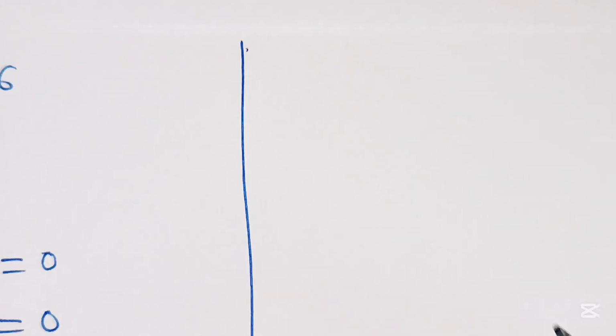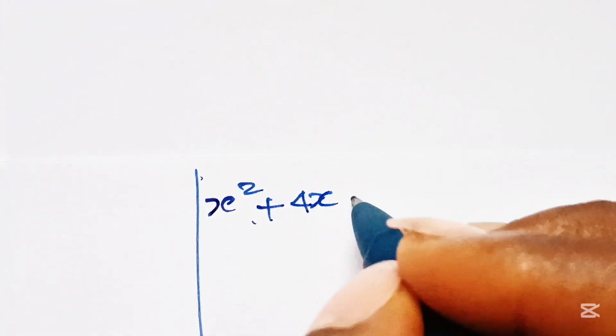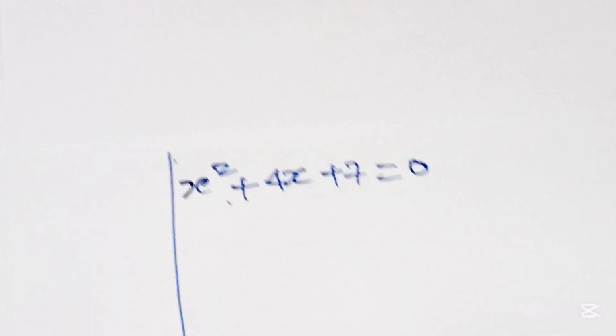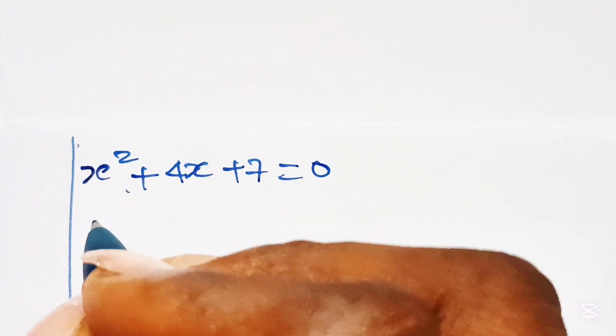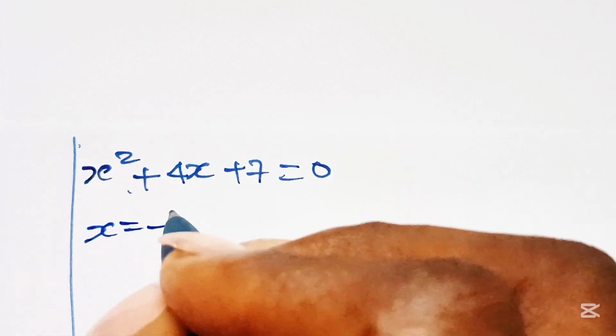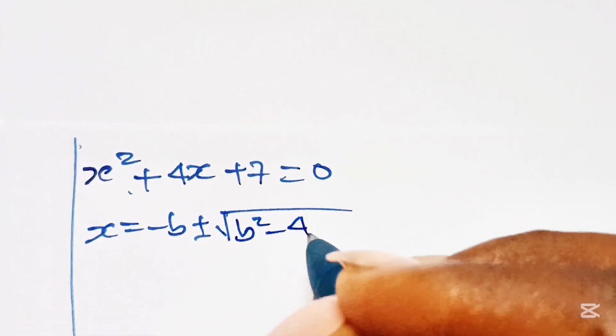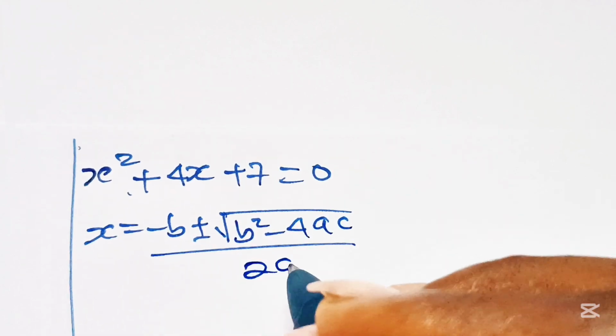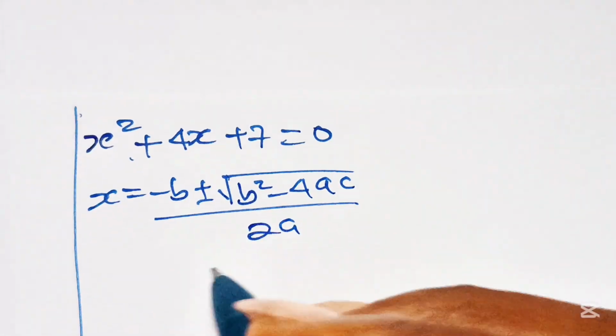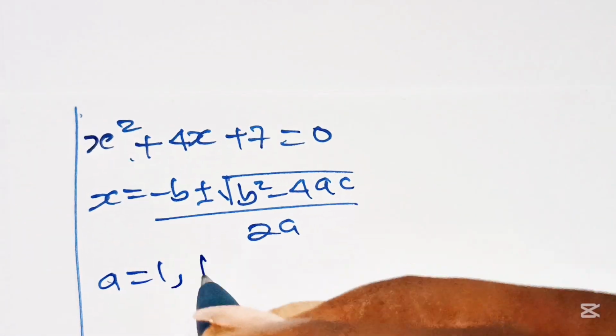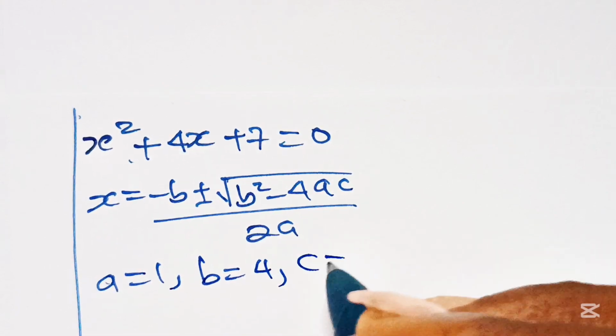So this is what we have: x squared plus 4x plus 7 is equal to 0. And we are going to substitute into x is equal to minus b plus or minus square root of b squared minus 4ac, everything divided by 2a. And recall that our a is 1, our b is 4, and our c is 7.